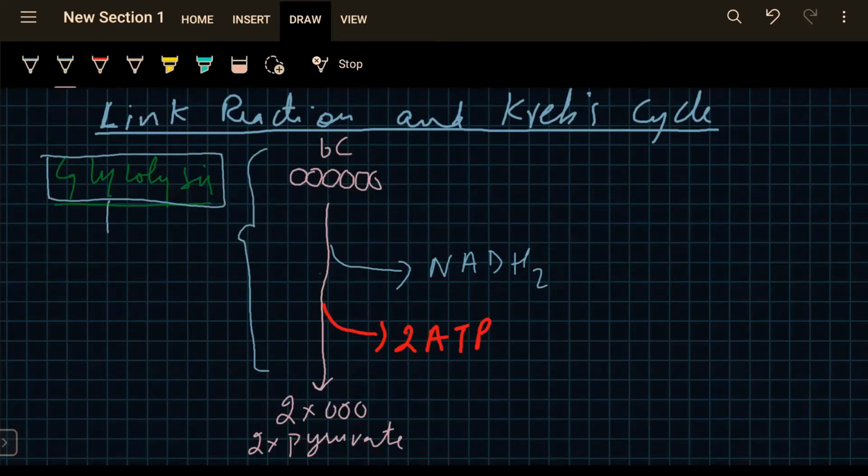Glycolysis means breakdown of glucose to 2 molecules of pyruvate in the cytoplasm. This also produces 2 ATP and 2 NADH. So this process is taking place in the cytoplasm.